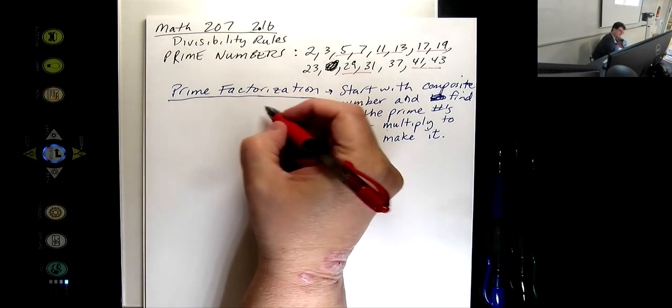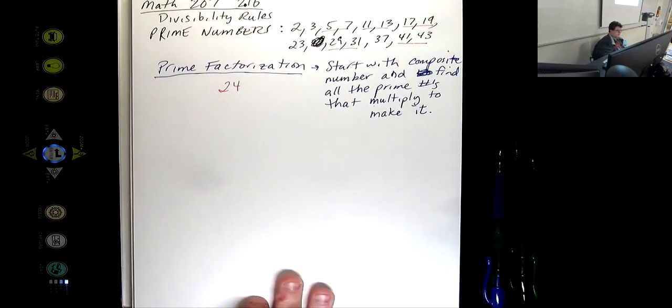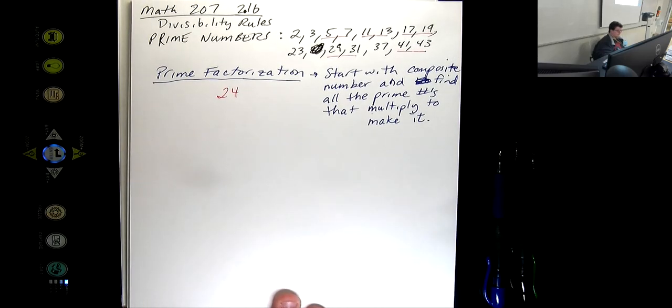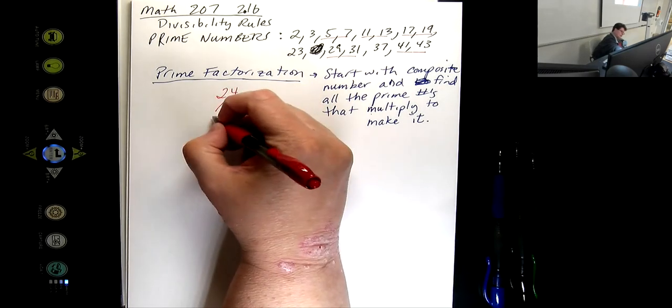So let's do 24. Does anyone know 2 numbers that multiply together to make 24? 2 and 12. So I'm going to write them down.